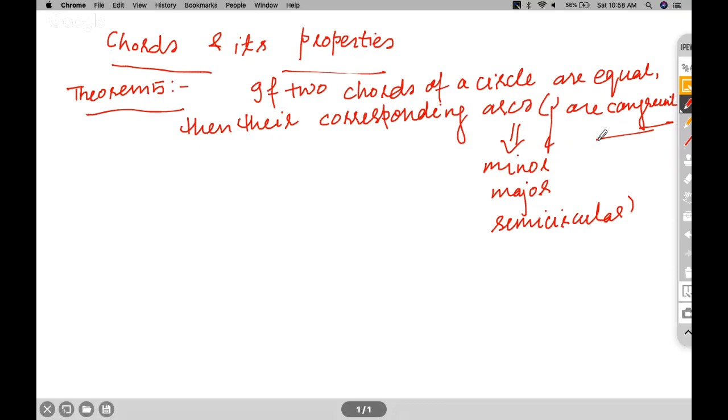Understood? So now mole is so widely used that we define the molecular mass also with respect to mole. What should be the molecular mass? The mass of 1 mole of that molecule. Understood?